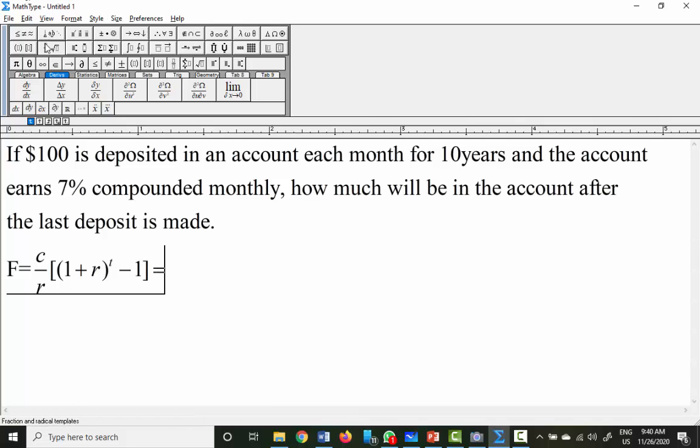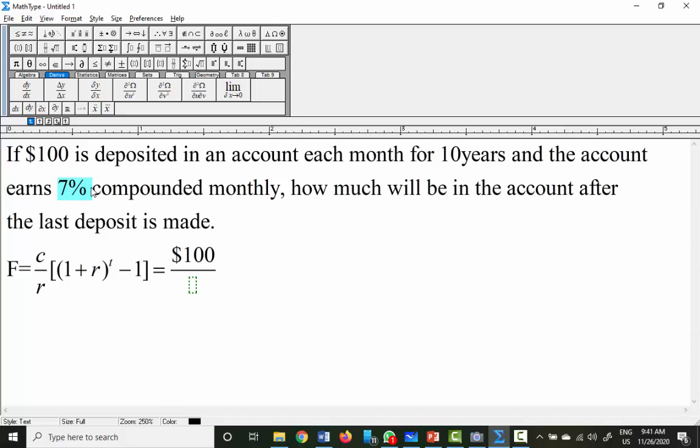Now we can put the values in. C is the installment or payment amount, which is $100. So the payment amount is $100 divided by R.